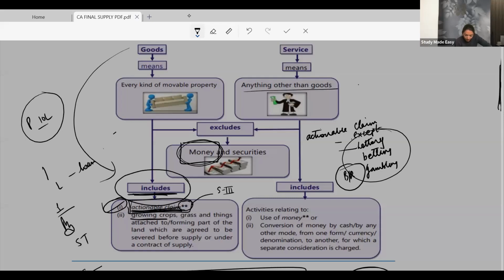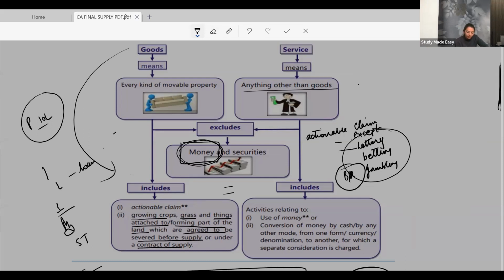Now they have given this: goods also include growing crops. This is actually not important, but you should understand the logic why they have included this. Growing crops, grasses, things attached to or forming part of the land agreed to be severed before supply or under the contract of supply.